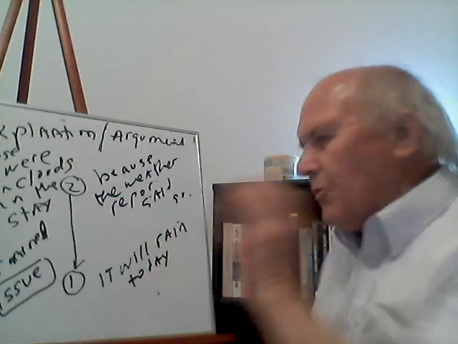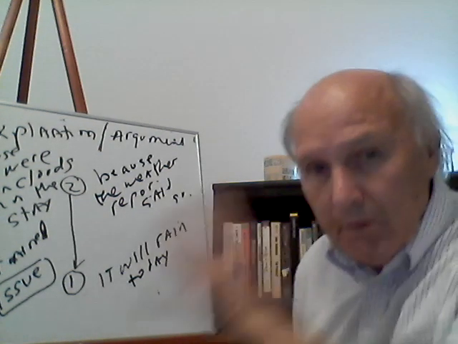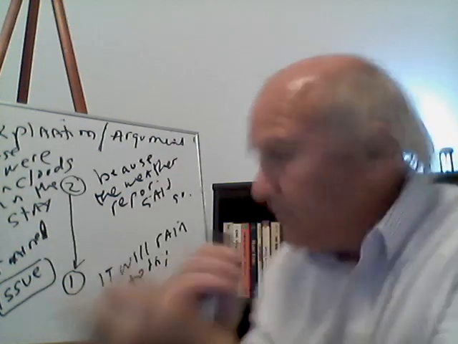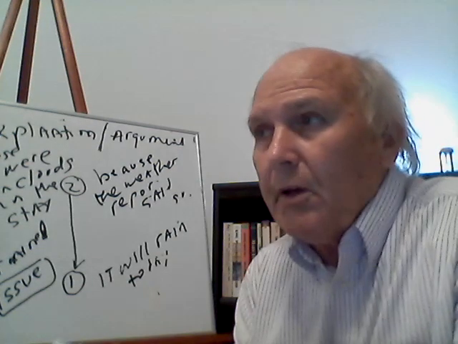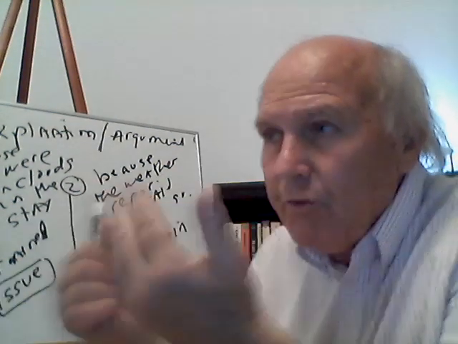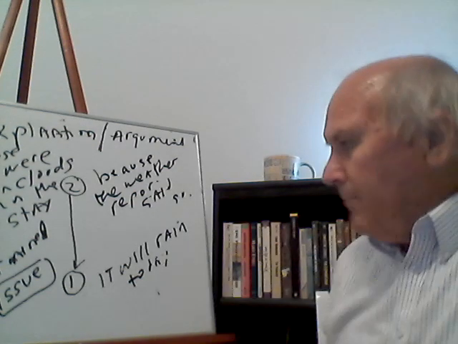The way you figure out what the issue of an argument is, you identify the conclusion, it will rain today, and just turn it into a question. So the issue is, will it rain today? Or you could say, whether it will rain today. The same thing.